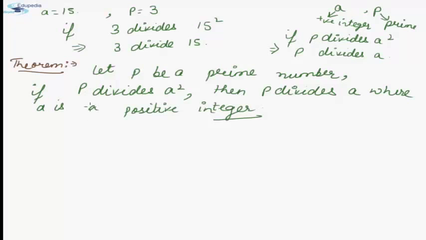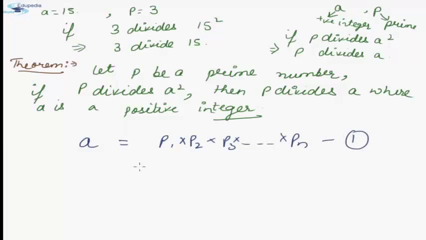So, to prove this theorem and to understand it also, let the prime factorization of A be written as P1 into P2 into P3 up to Pn. So by the fundamental theorem of arithmetic, we know that this prime factorization is unique.